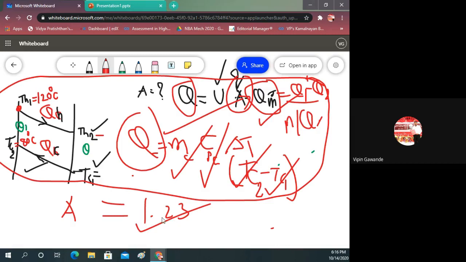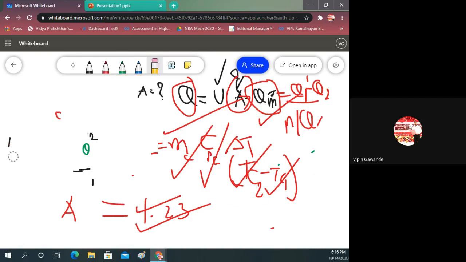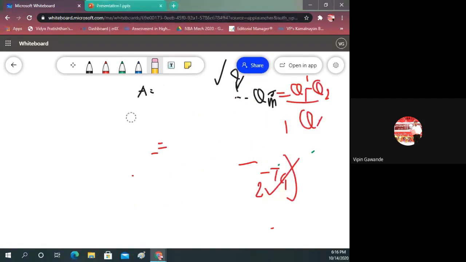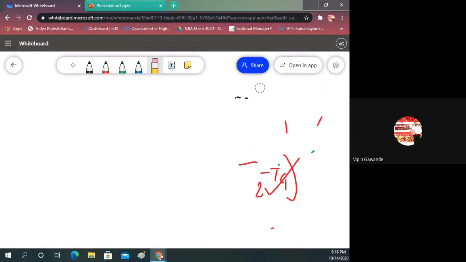You will automatically get the accurate value when you calculate on the calculator. But the main thing is, you must know how to calculate this. This is very important. So this is the formulation of the problem. One by one, we calculate the unknowns, and you will get the solution of your problem at last. That will automatically come.